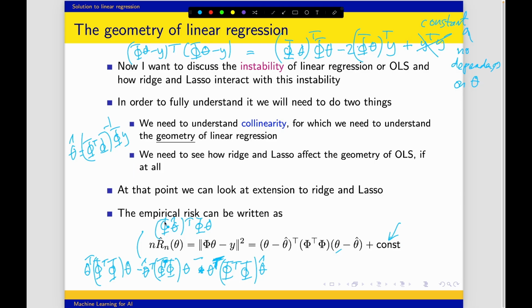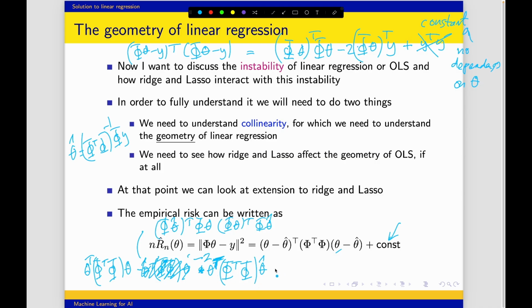So we have this vector dot this vector. It's the matrix times vector, which is the same as this, because this is phi theta all transpose times phi theta hat. So it's this dot this, which is exactly this dot this, which is what we have here. So they're the same. So we can write this as minus 2 times this.